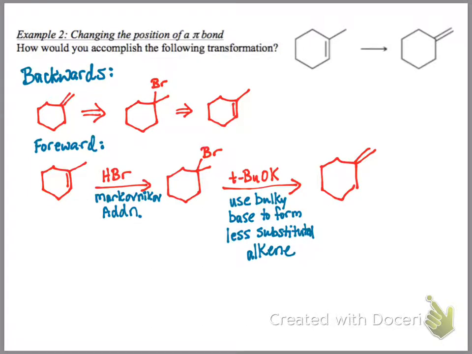And then in the second step, it's going to be an E2 elimination, but we want to eliminate to make the less substituted alkene, which means we're going to have to pull off a hydrogen from the less hindered carbon, which means we're going to need to use a large bulky base, a strong base, but a bulky base in order to make the less substituted alkene.